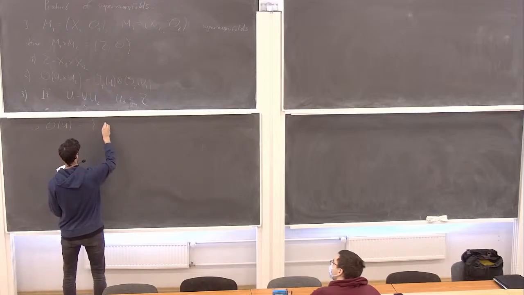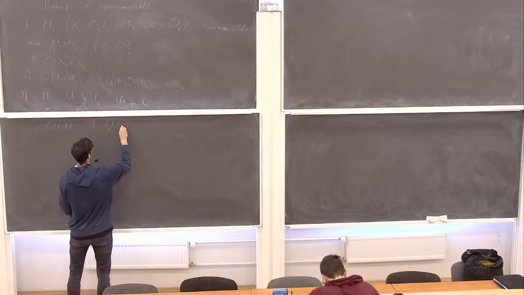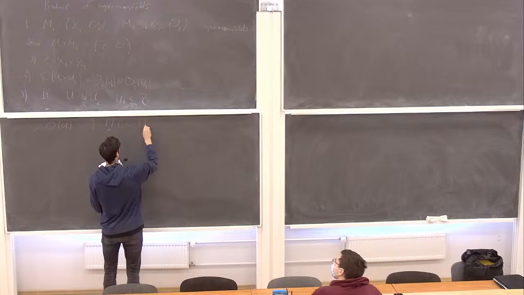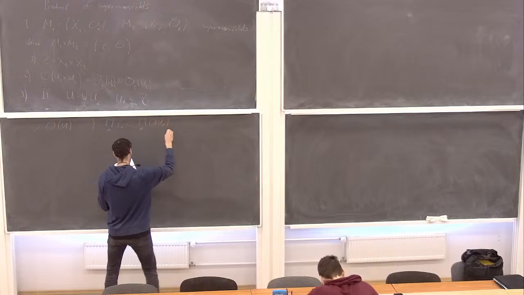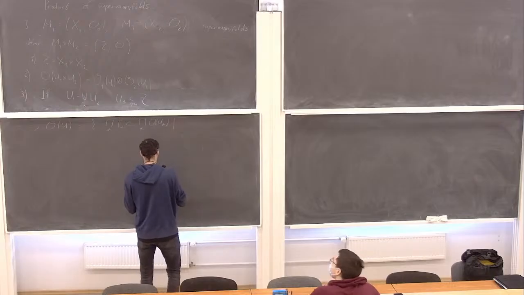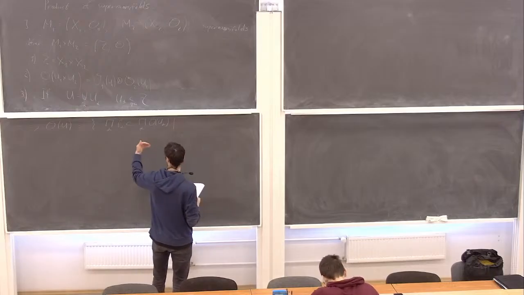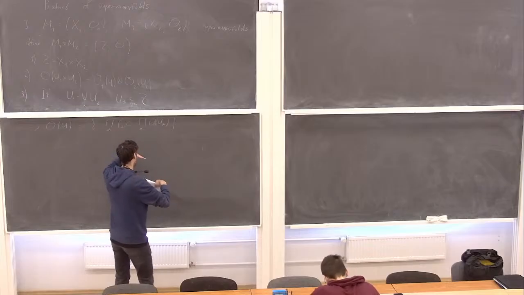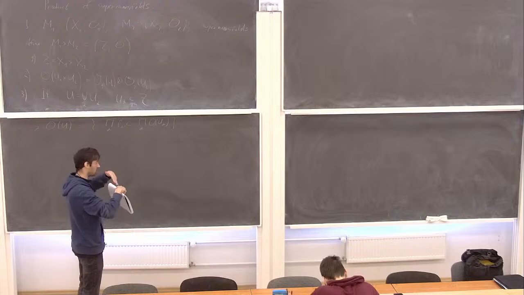So these are elements like the product of f alpha, which lives in the product of O of U alpha, such that the corresponding components agree on intersections.